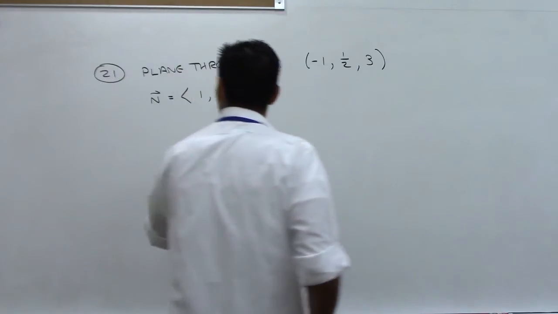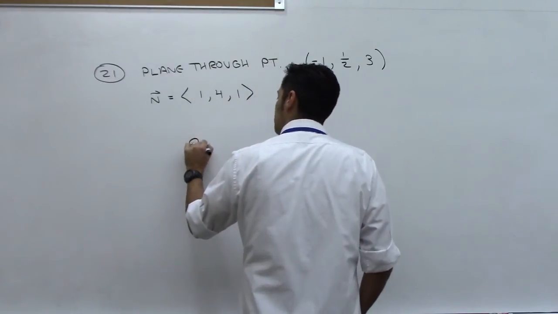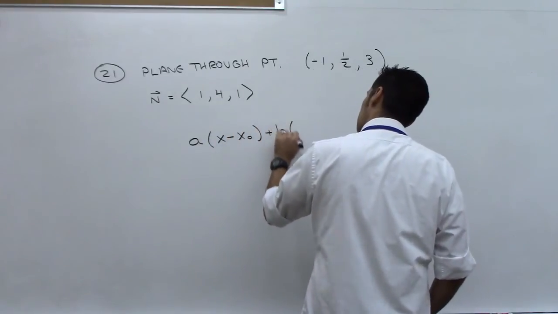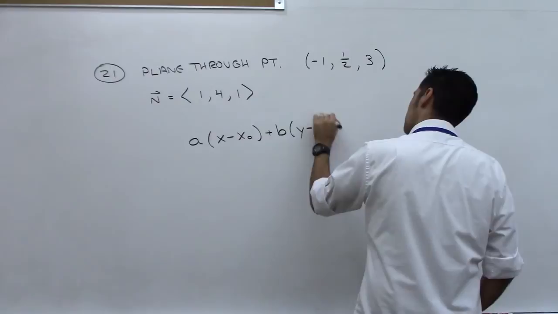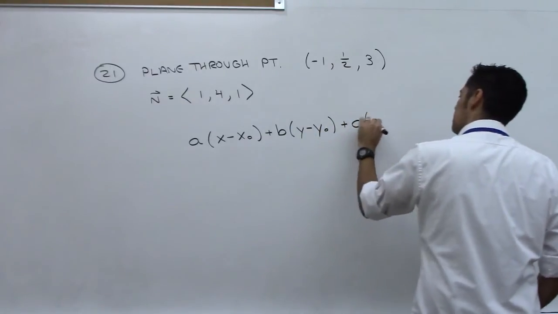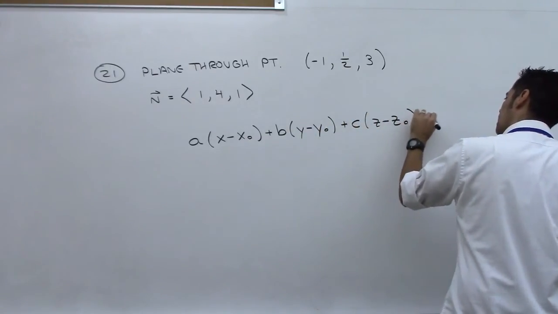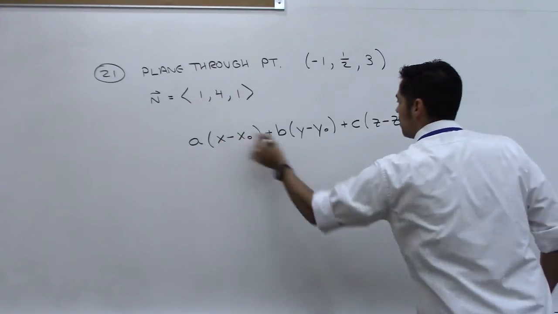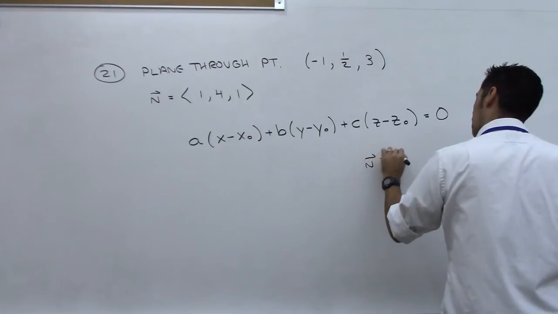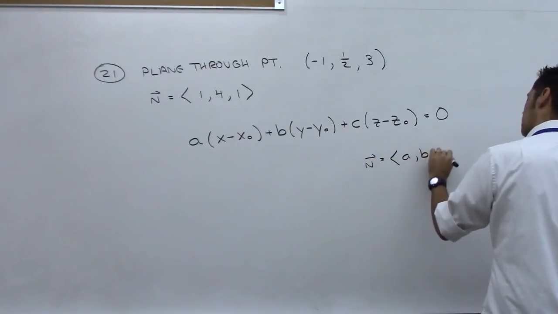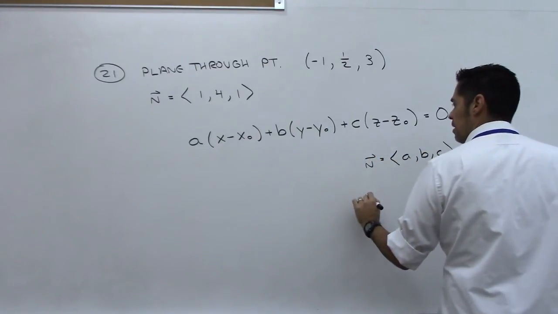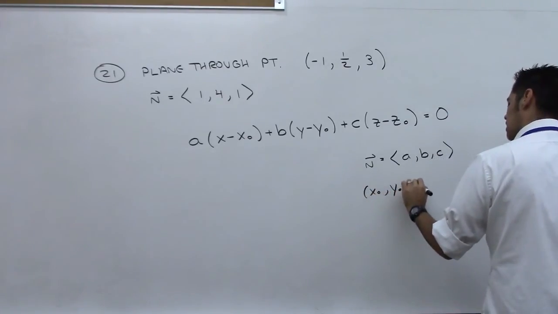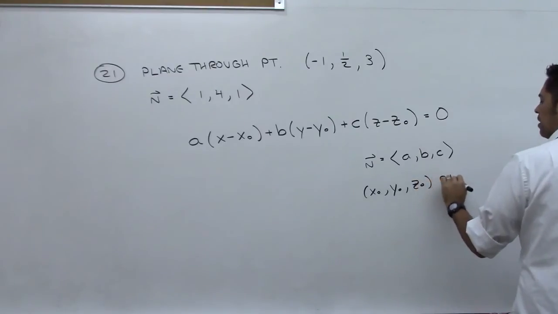Remembering that for a plane, the equation of a plane is given by a times (x minus x naught) plus b times (y minus y naught) plus c times (z minus z naught) equals 0, where these numbers a, b, c are the components of the normal vector, and x naught, y naught, z naught is a point on the plane.